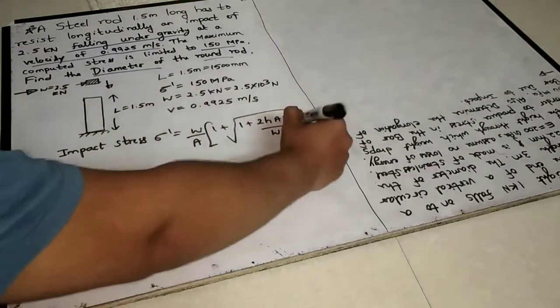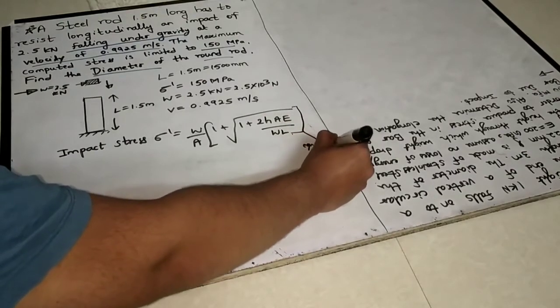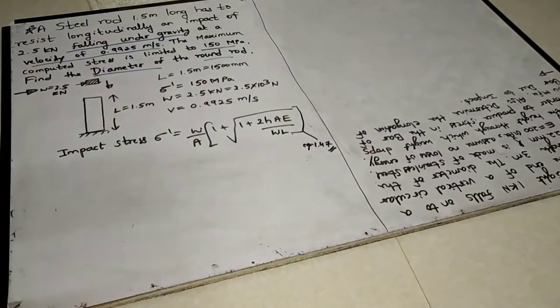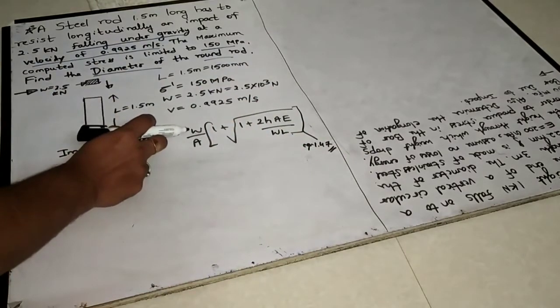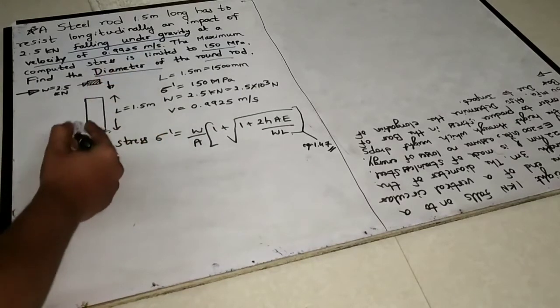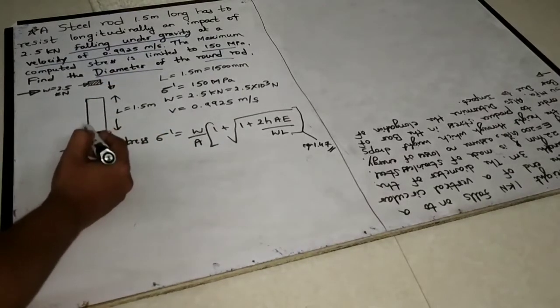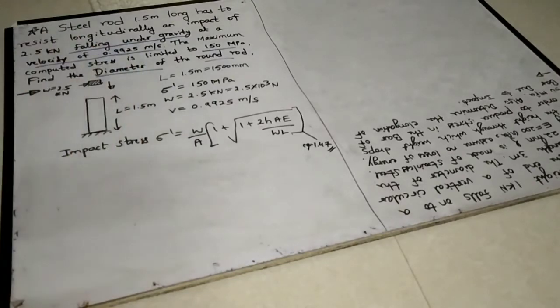And in the data handbook, it is equation 1.47, that is also told to you. Okay. Now in this case, W is known to us. Area is not known, because the cross-sectional area of this rod is pi by 4 d square. But we want diameter, so this is also unknown to us, right?